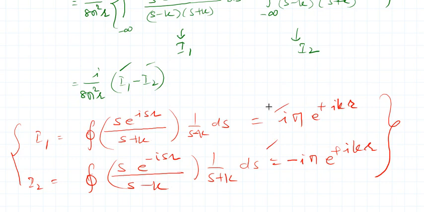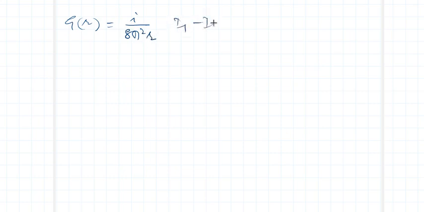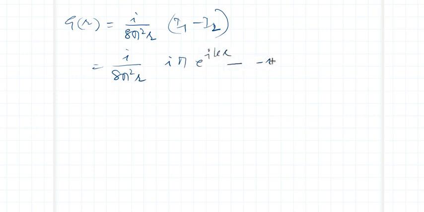So now I will put these two values in this equation. Therefore, the Green function G(r) is equal to iota over 8 pi square r, times the value of integral I1 minus integral I2, which is iota pi e raised to power iota kr minus minus iota pi e raised to power iota kr.